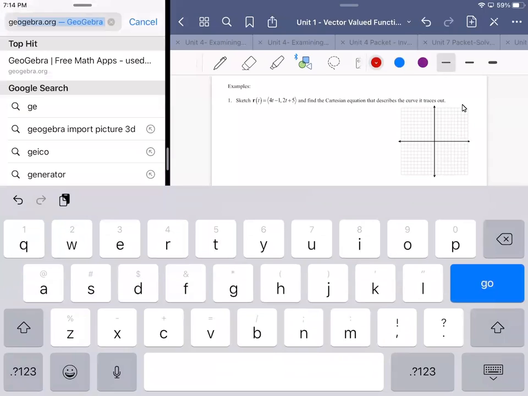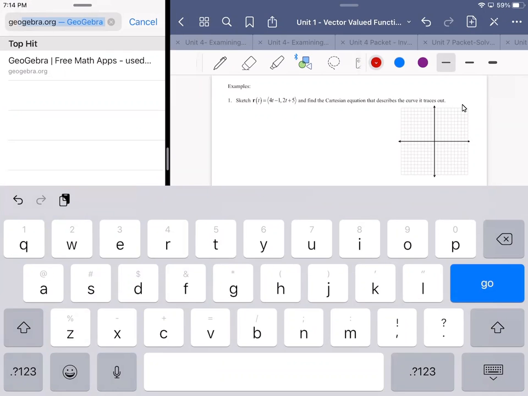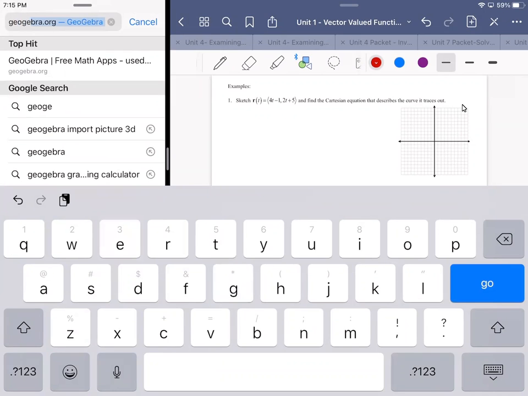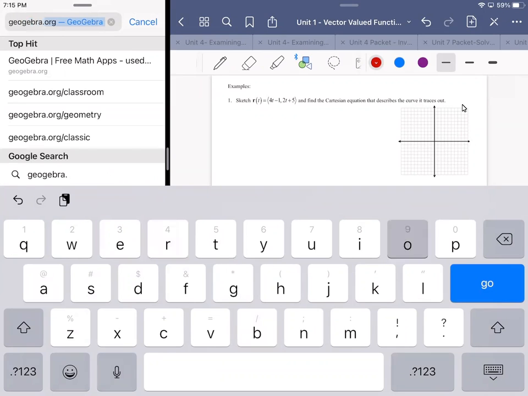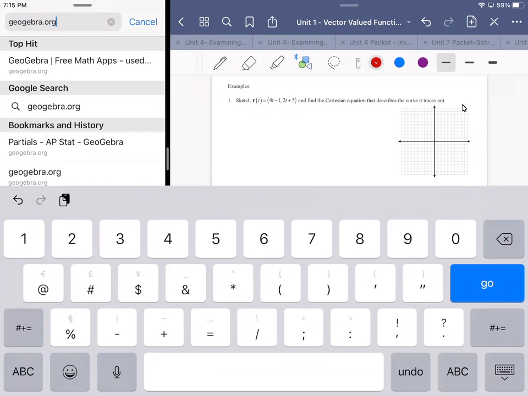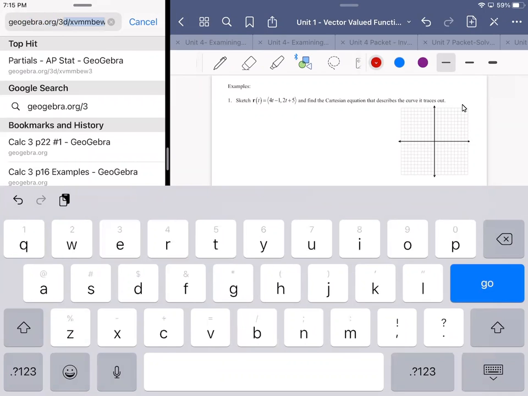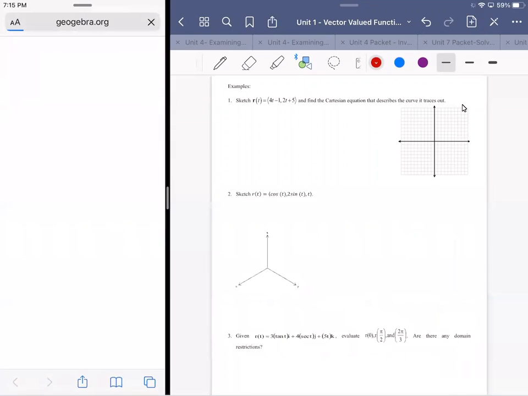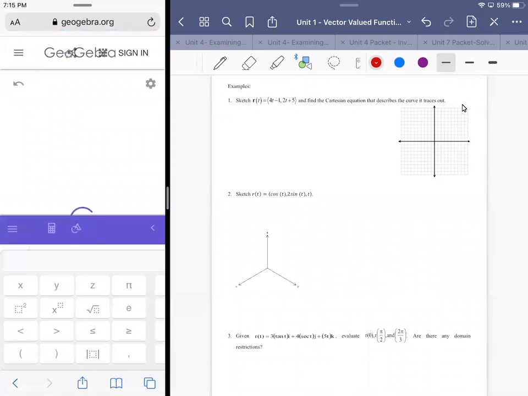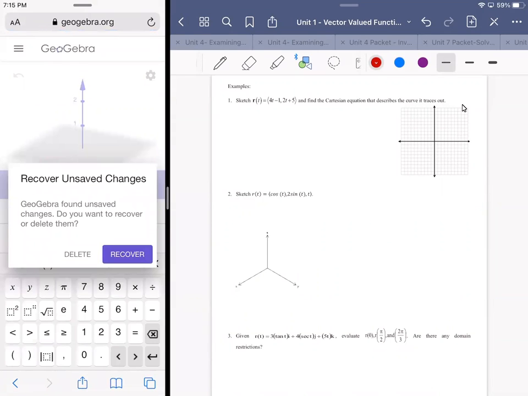The focus used to be doing it by hand, but now it's more like, do you have an intuitive sense? And just like when you're learning how to use a graphing calculator for the first time, it's an opportunity to discover the power of being able to evaluate multiple functions simultaneously.